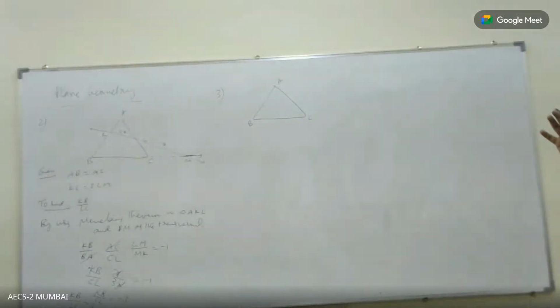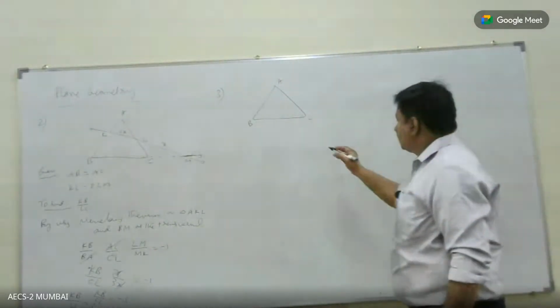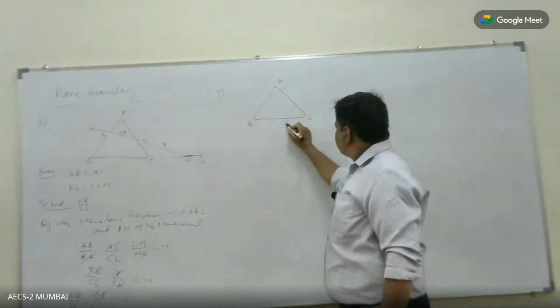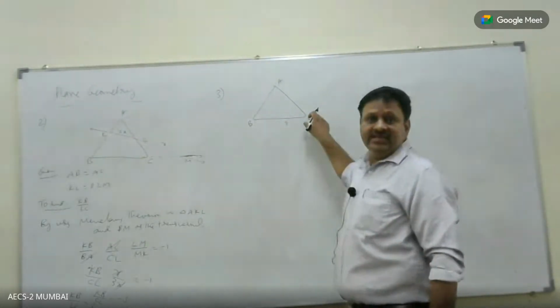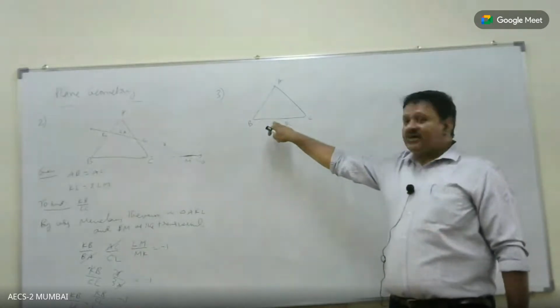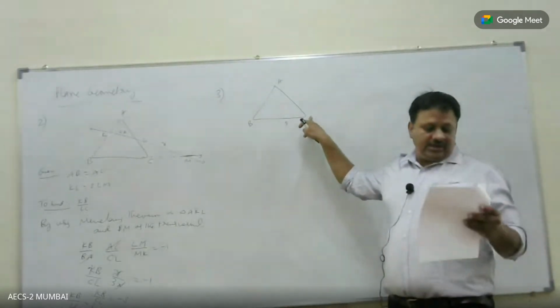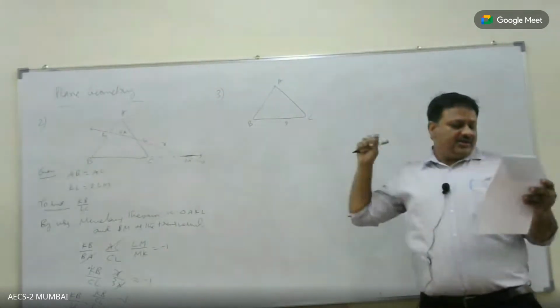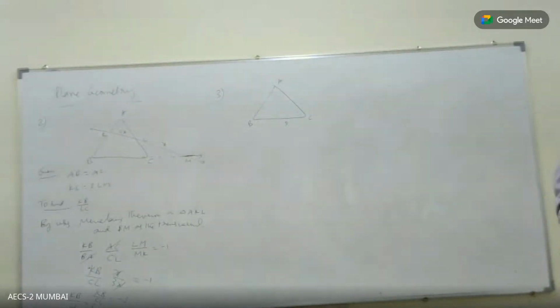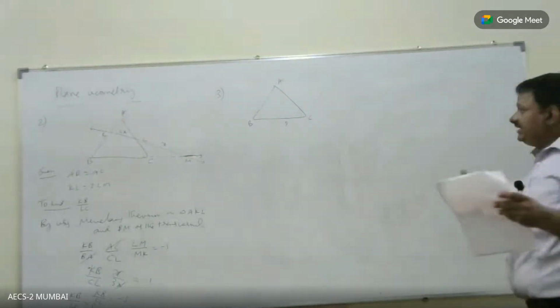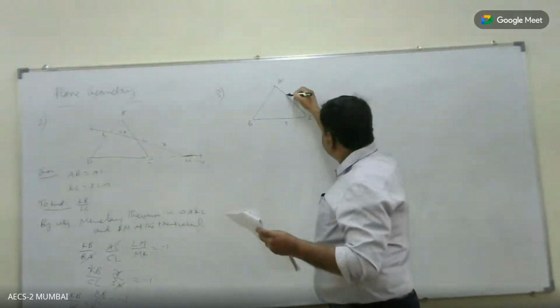There is triangle ABC. D is chosen on BC such that BD by DC equal to 2 by 1. Two parts, one part. And also, E is chosen on CA such that CE by EA equal to 2 by 1.